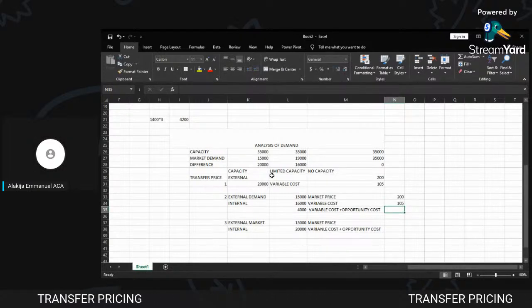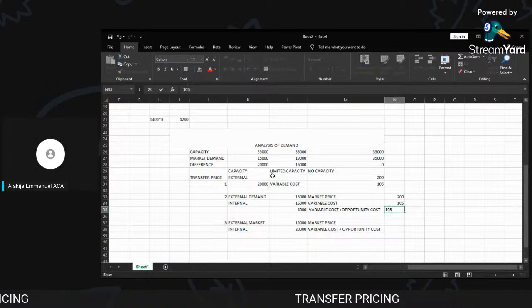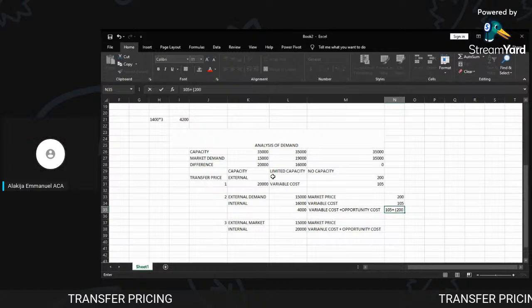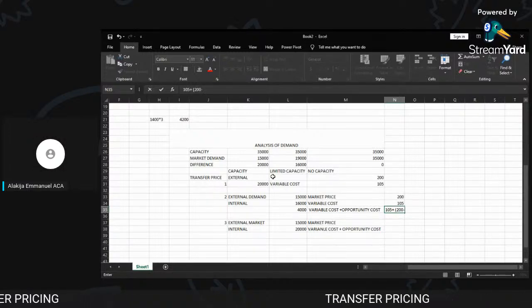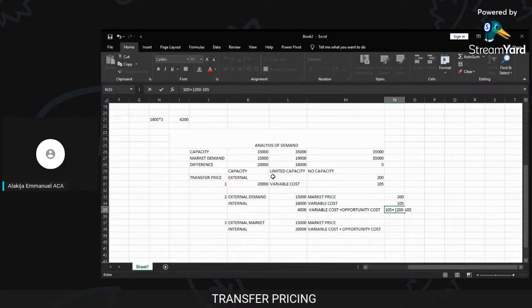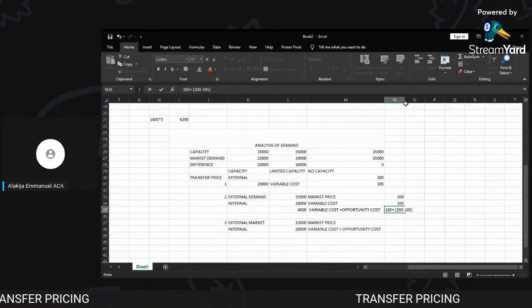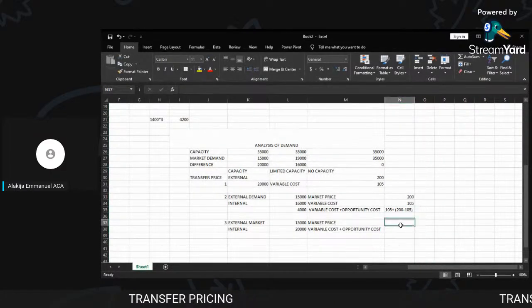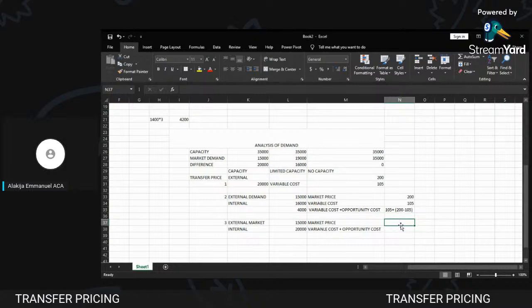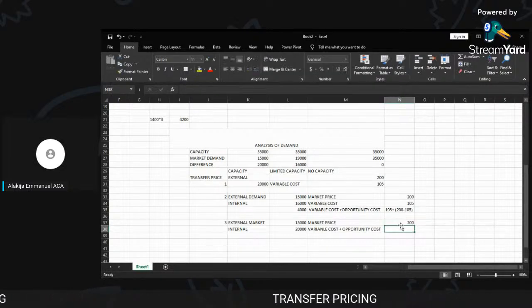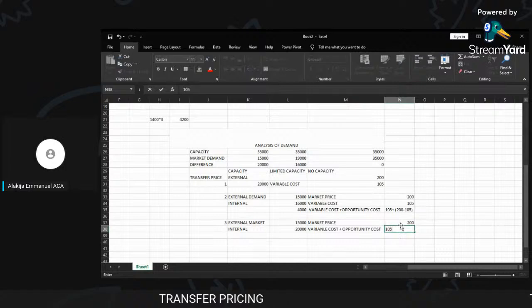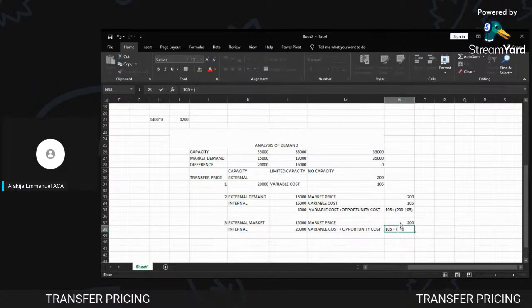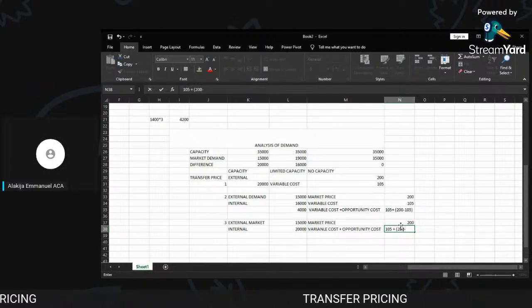Price for variable cost for processing cost is 105 plus the difference between 200 minus 105, which is opportunity cost. The external market is going to be at 200, and this is going to be at 105 plus 200 minus 105.